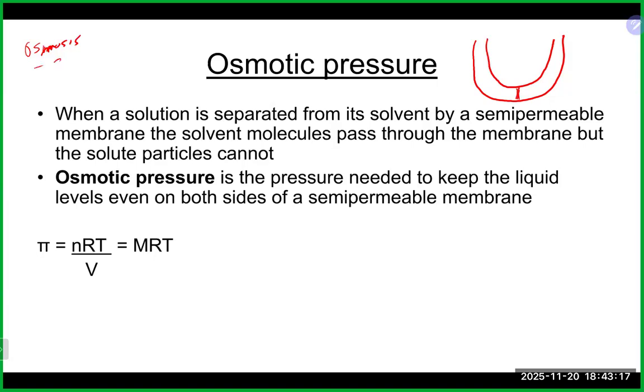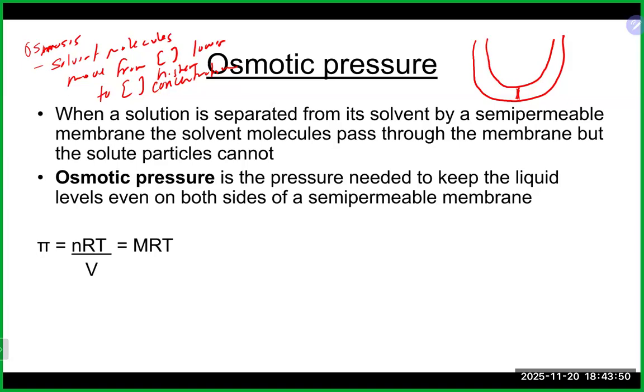is where solvent molecules move from a lower concentration to a higher concentration. So the process of osmosis is that molecules will move in the way that dilutes down the higher concentrated side of the membrane.